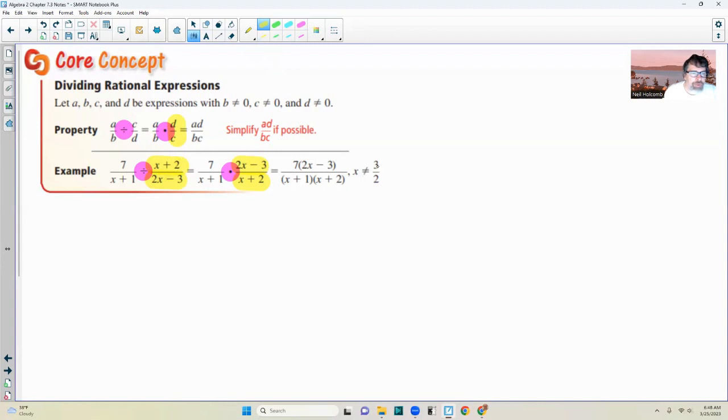And x cannot equal 3 halves. Okay, x can equal -1, x can equal -2. Why are they only saying 3 halves? That's interesting. So this x cannot equal 3 halves came from here. You put 3 halves in there, you get 0. But what about -1 and -2? Anyway, don't forget all of your domain restrictions.